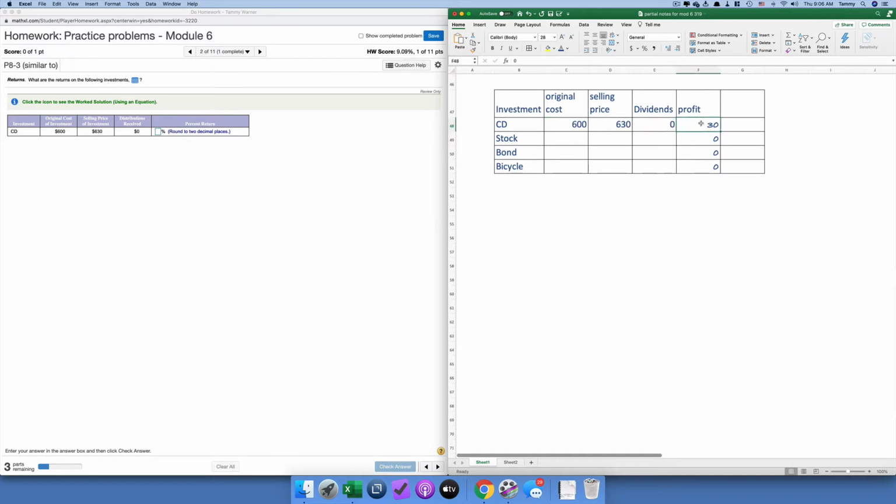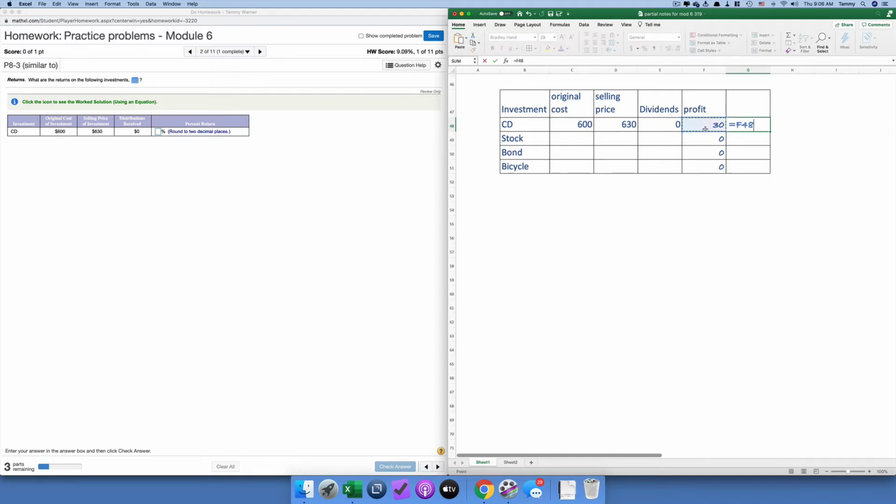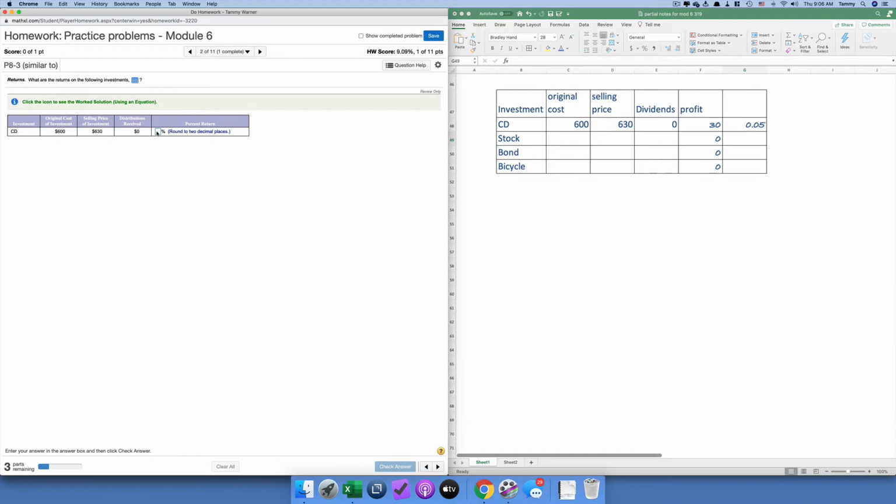Okay, so we calculate a profit of 30 here, so now we got to figure out what percentage 30 is of the original. So remember from the lecture that the key to figuring out your return percentage is that you have to remember that your denominator is your original investment costs. So it's 30 divided by the original, or 0.05, which is 5%.